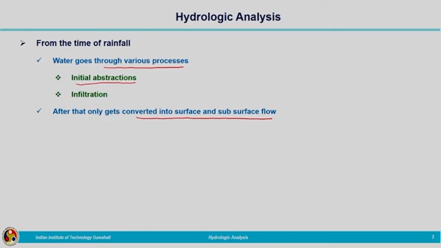So whatever rainfall is occurring will be translated to runoff. But in general, whenever a rainfall is occurring, some amount of water will be lost as initial abstractions and part of the rainfall will be infiltrating into the ground, and the remaining, after satisfying all the storage components, only will be contributing towards the surface and subsurface flow.